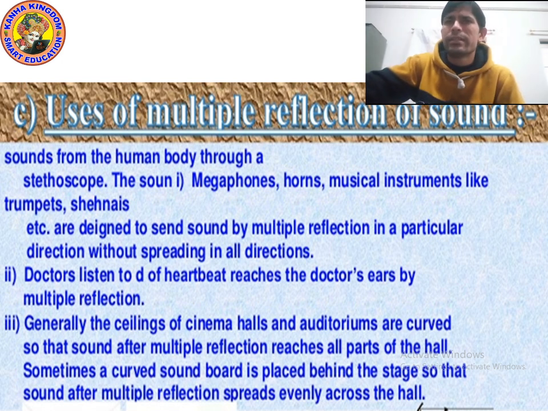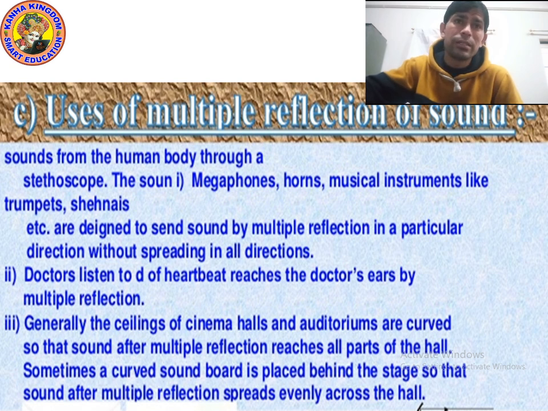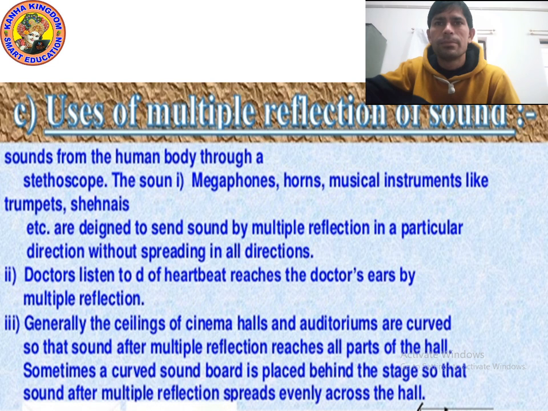Generally, the ceilings in cinema halls and auditoriums are covered with rough plaster, draperies, compressed fiber, so that the sound after multiple reflection reaches all parts of the hall.